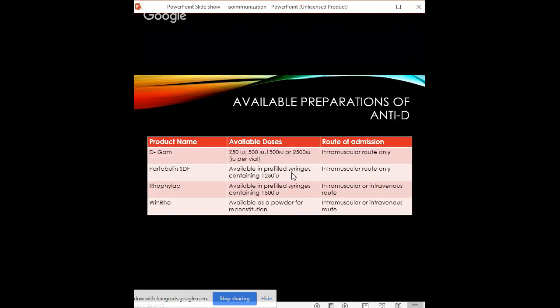So now we have the available preparations of anti-D. This slide shows the preparations that are available, the doses they are available in, and the routes of administration of these doses. So if you have your DGAM, which is available in vials of 250, 500, 1500, and 2500 international units, these are given only intramuscularly.